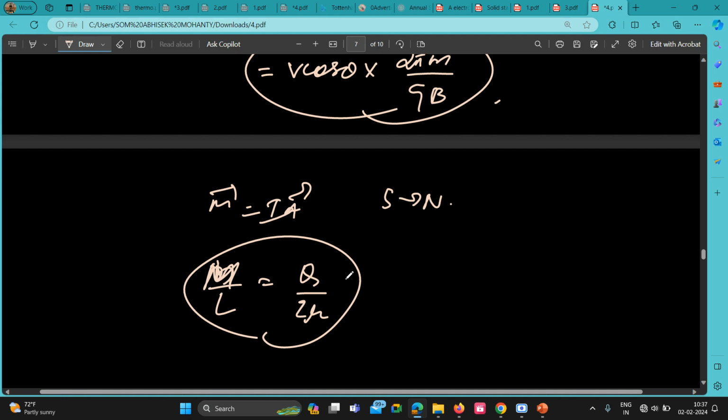Now you can write your vector potential A is equal to half B cross r.